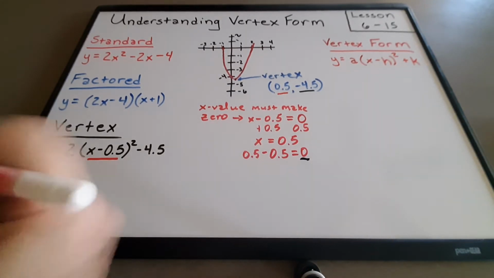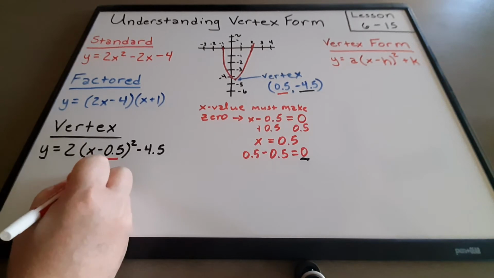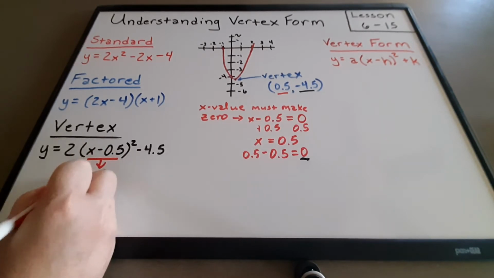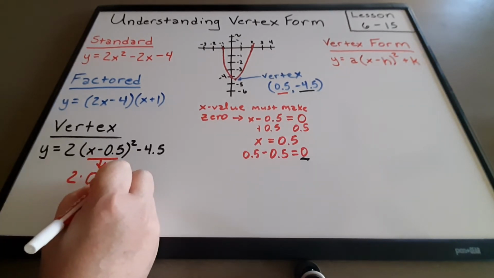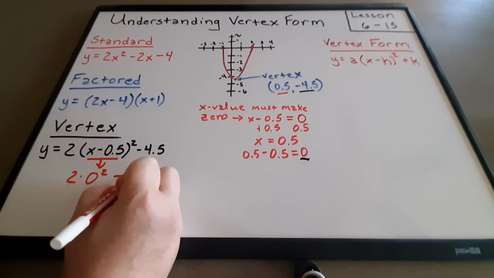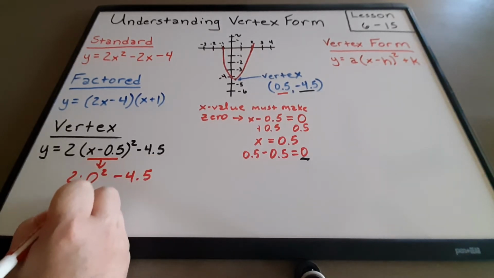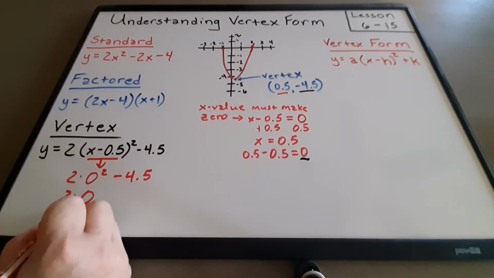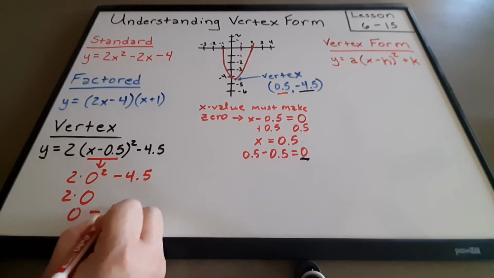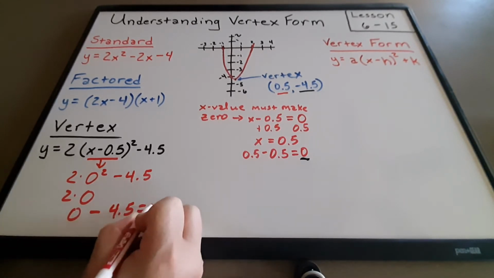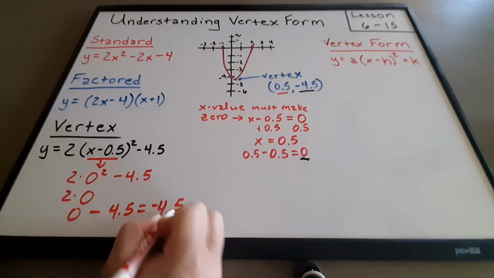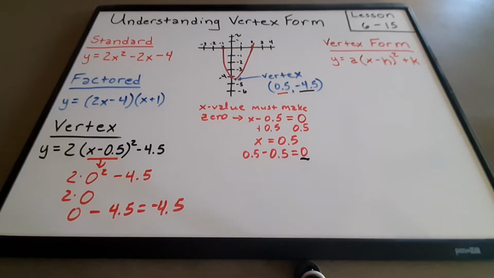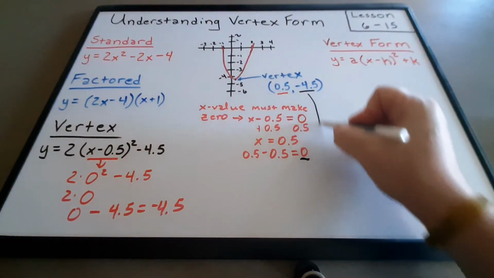So this part right here becomes 0. So we're going to square 0 and multiply by 2 while subtracting 4.5. 0 squared is 0 times 2 keeps us with 0 minus 4.5 allows us to get that -4.5, which is the connection here.